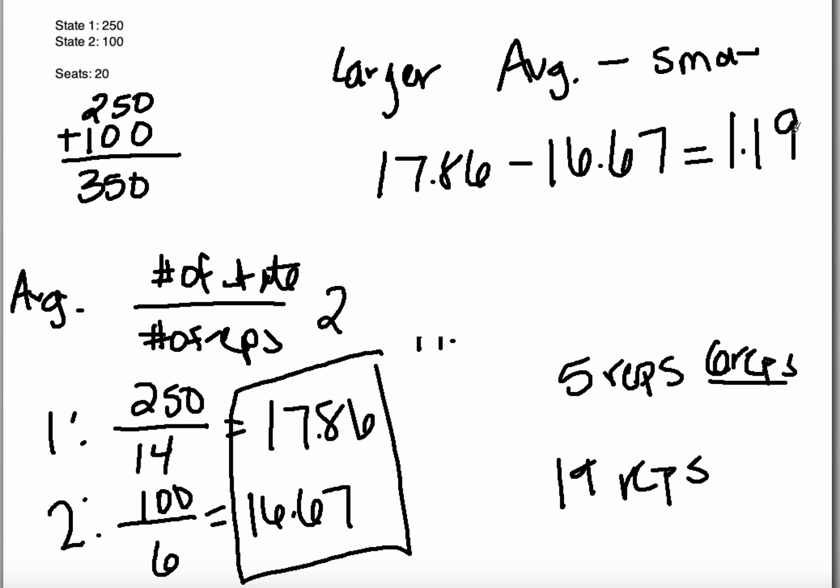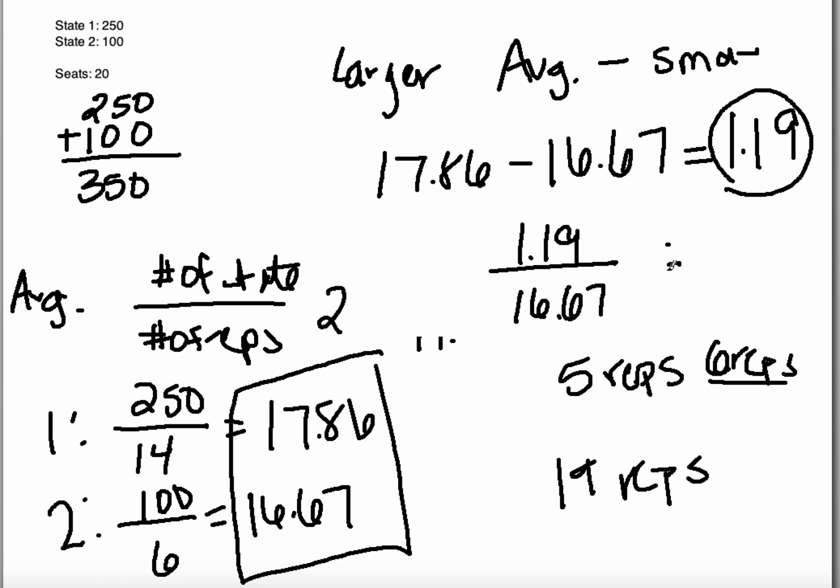That's my absolute unfairness. My relative unfairness means I take my absolute unfairness and I divide it by the smaller average constituency. So the relative unfairness of state 1 and state 2 would be 1.19 divided by my smaller constituency, which is 16.67.